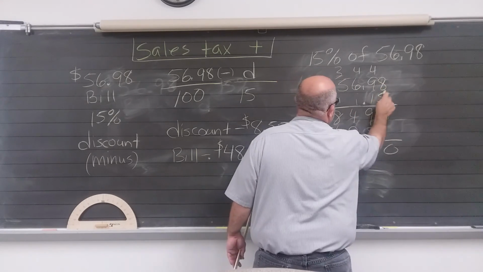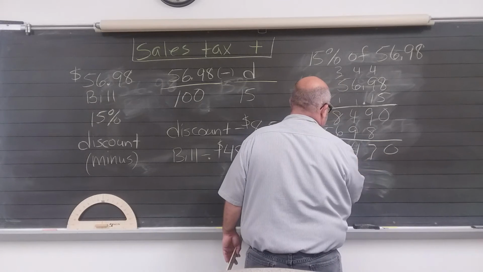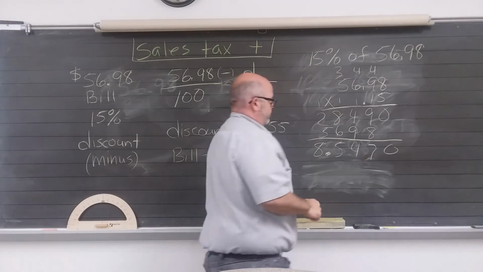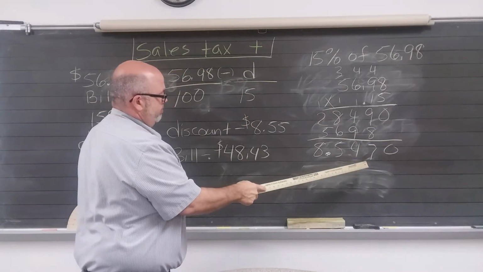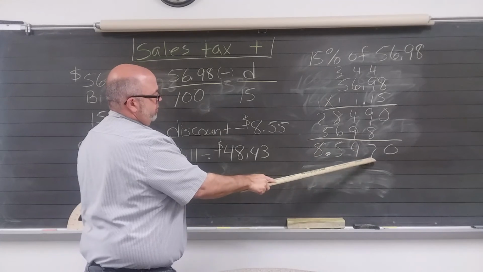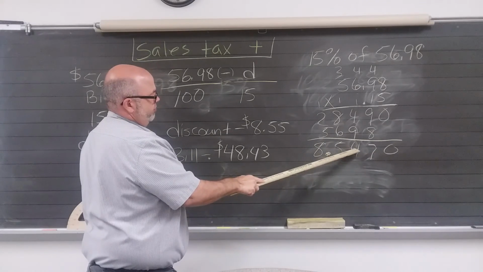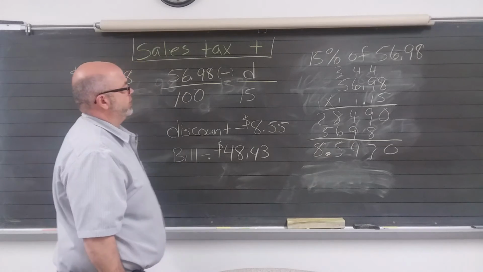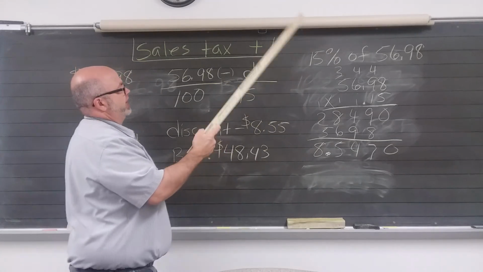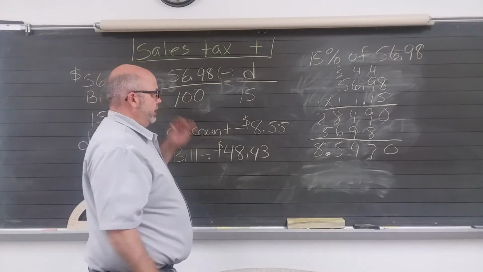Decimal point 1, 2, 3, 4, 1, 2, 3, 4. And you have your same number. This is your discount. 7 rounds the 4 off, 8.55.